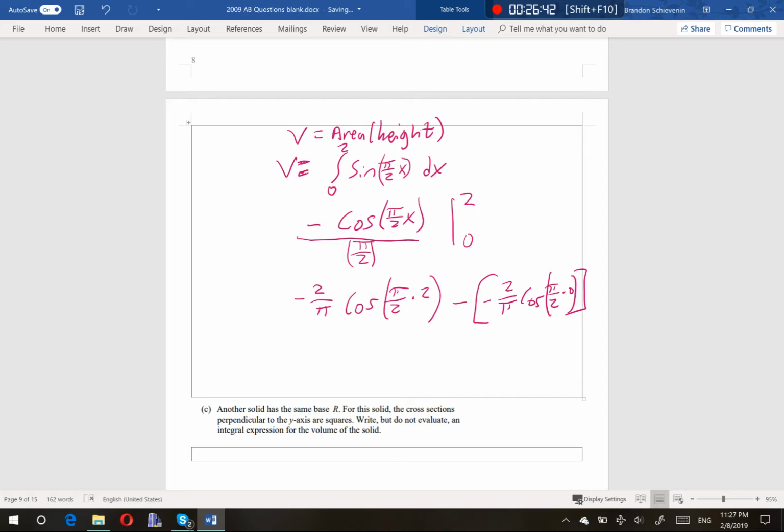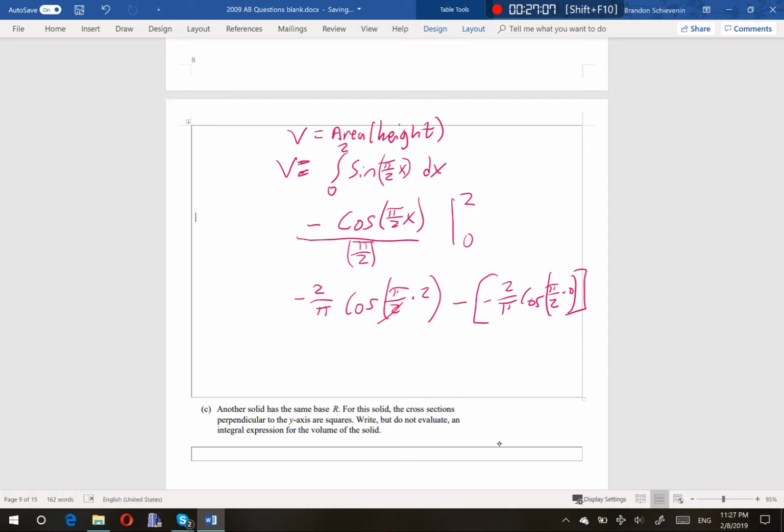Okay, the cosine of pi over 2 times 2 is the cosine at pi. What is the cosine at pi? Negative 1. Okay, so my cosine at pi is negative 1.